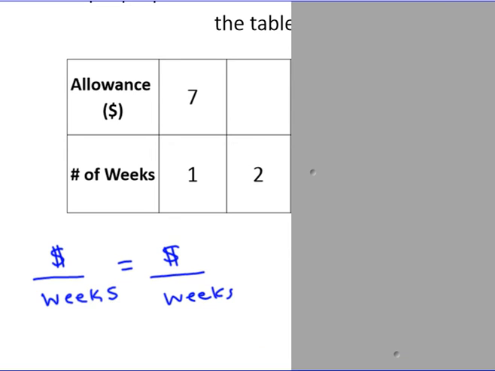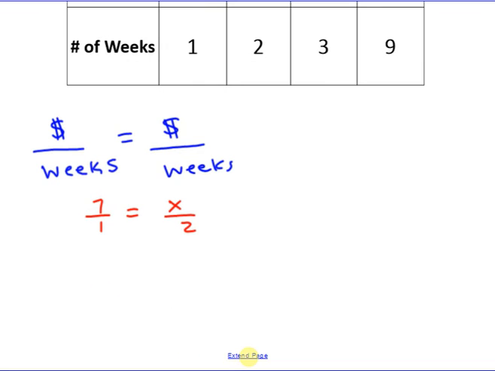Okay, and so what you have here is 7 over 1 equals x over 2. And so we're going to go ahead and just solve that proportion. Okay, so we have 1 times x is 1x, 2 times 7 is 14.